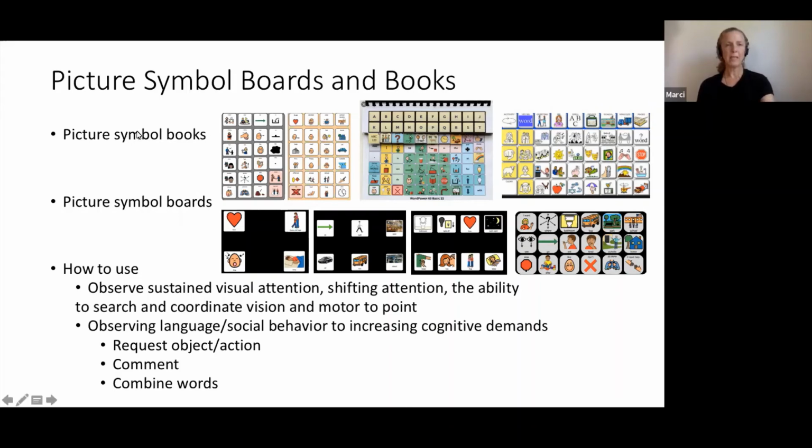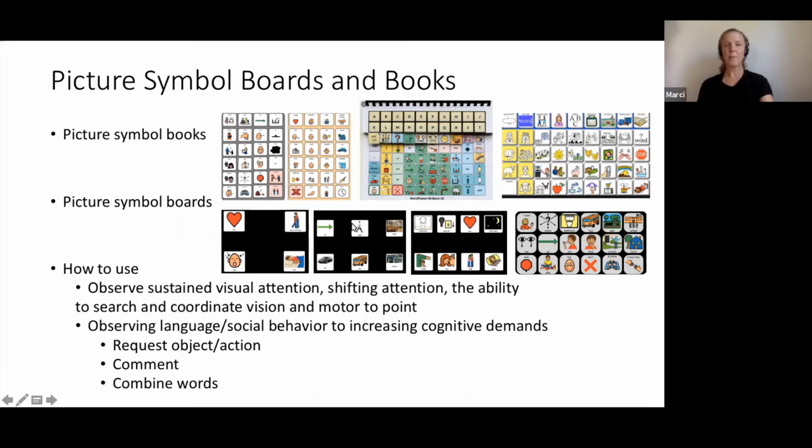For some kids, having a book with pictures is way too much fun just to flip the pages of the book. And the book can seem too confusing or too overwhelming for the families, but yet I still want to introduce picture symbol communication into the home. So we have a variety of picture symbol boards that we can give to families that we keep in stock.